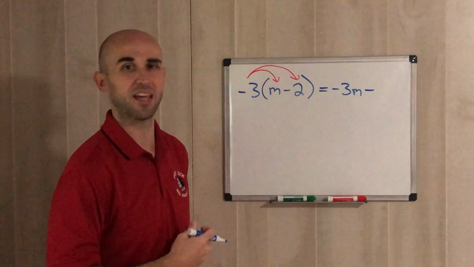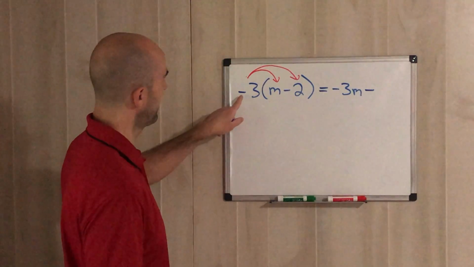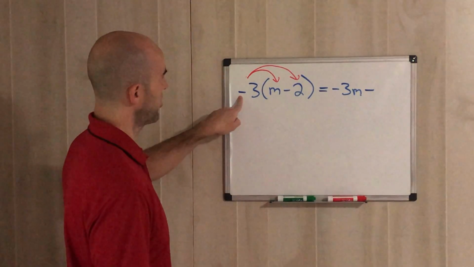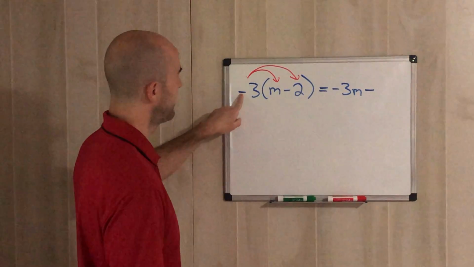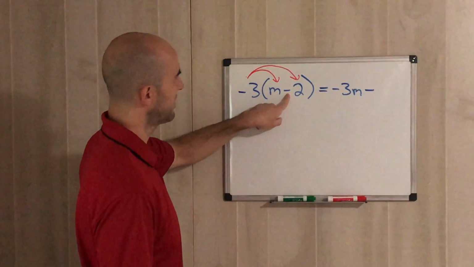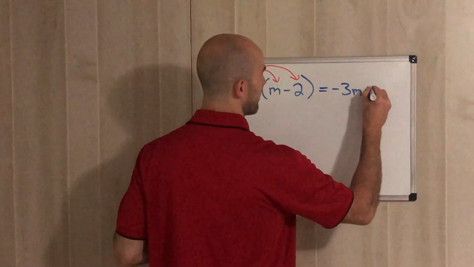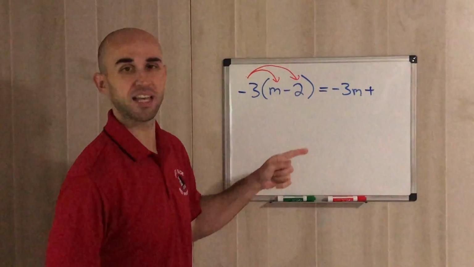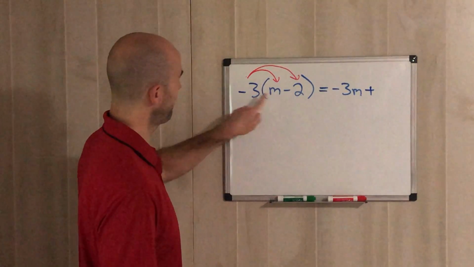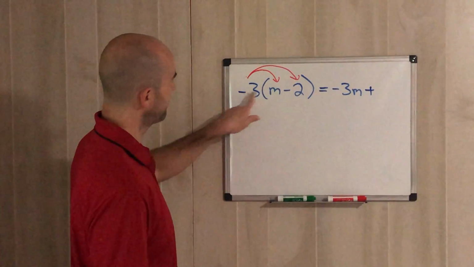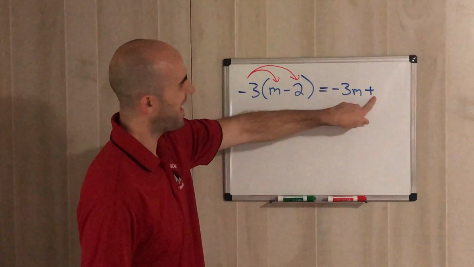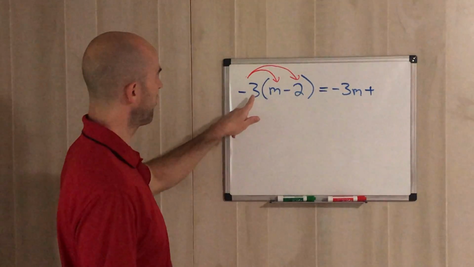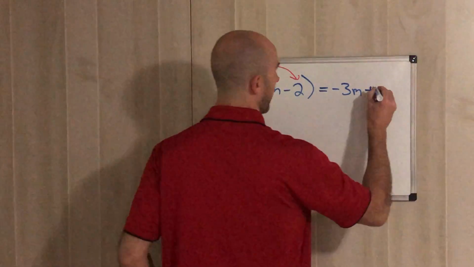But you have to be careful, because we're distributing a negative 3. So negative 3 times a negative is a positive, because a negative times a negative becomes a positive. And now we know that 3 times 2 gives us 6.